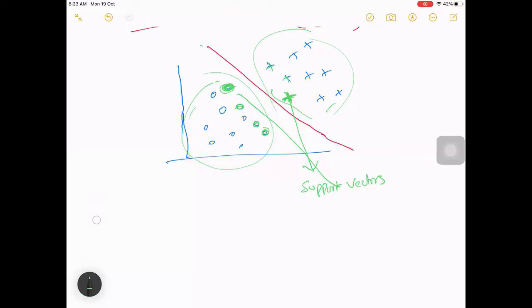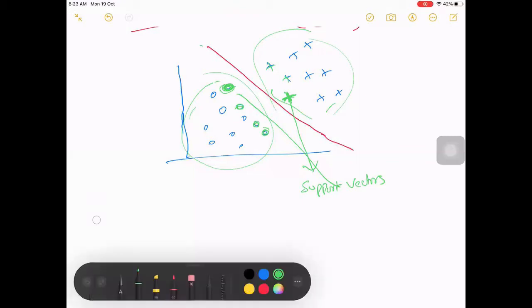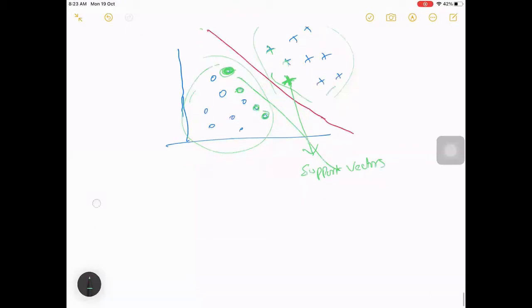Let me draw only these two now. Here I'm drawing a line which is the last boundary for having zeros, class 0.